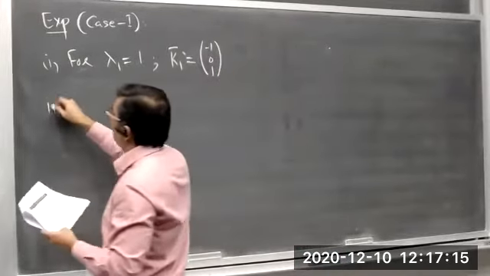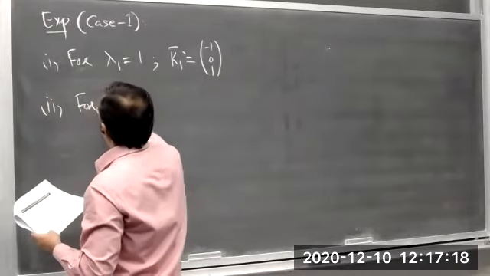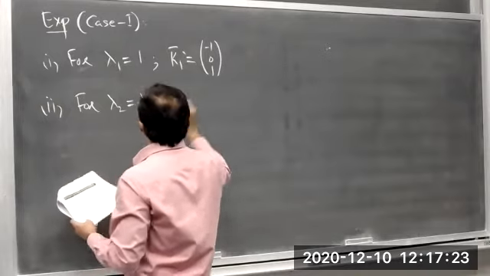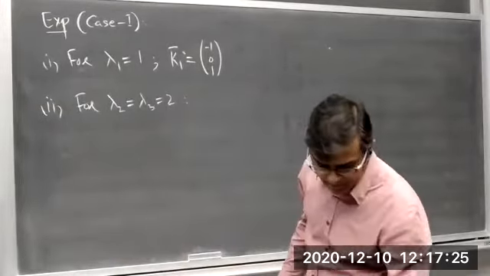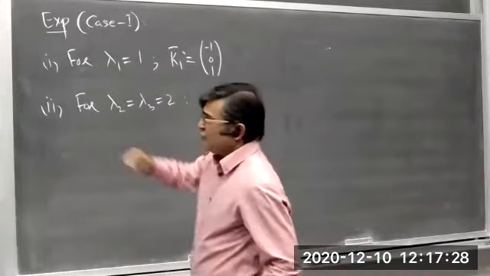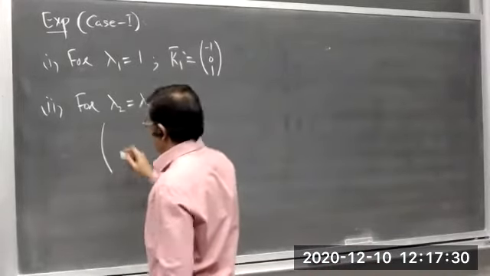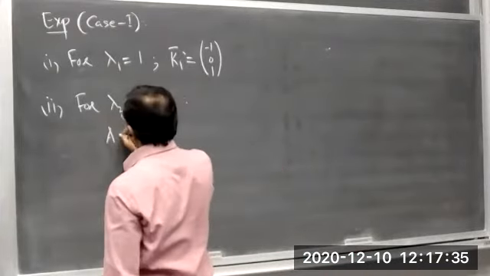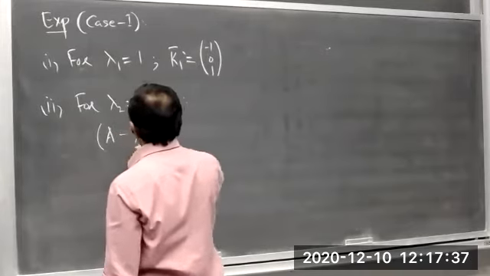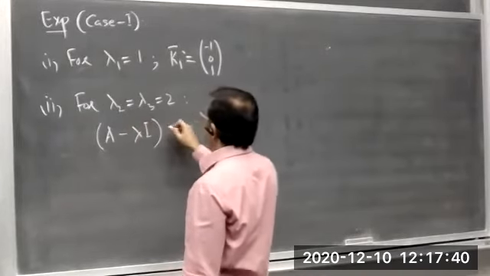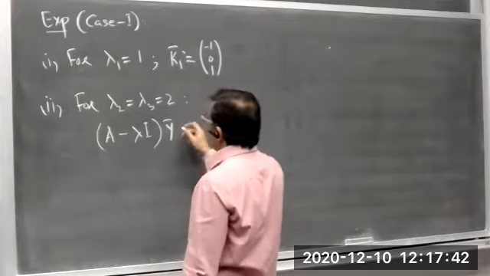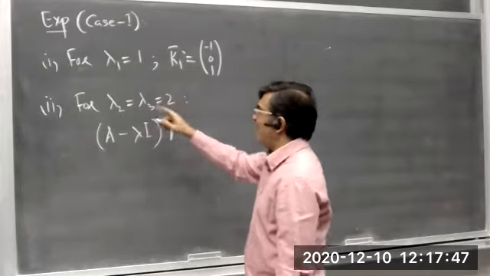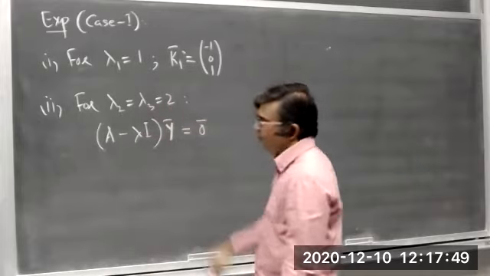Now, for lambda 2 equal to lambda 3 equal to 2, if we put this lambda and the corresponding A into the equation (A minus lambda I) times some y vector, you assume that this y vector is the eigenvector corresponding to this eigenvalue, equal to 0.